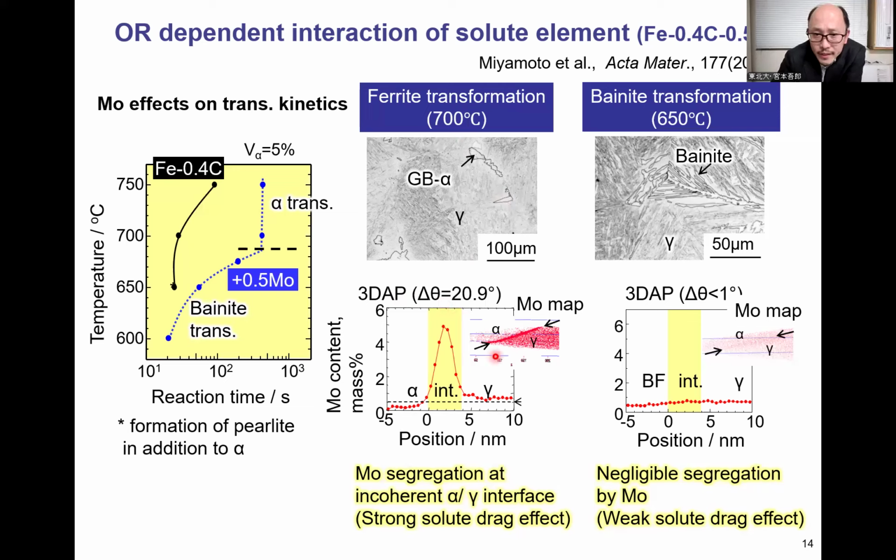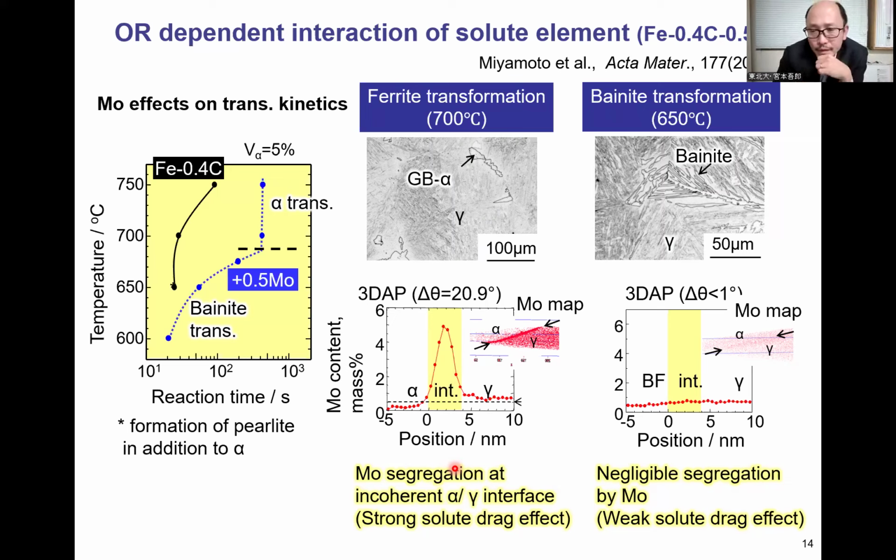And as you see, the molybdenum is accumulated at the alpha-gamma interface, as shown in this figure. So molybdenum segregation is significant at the incoherent non-KS alpha-gamma interface, which means a strong solute drag effect occurs at the non-KS interface.